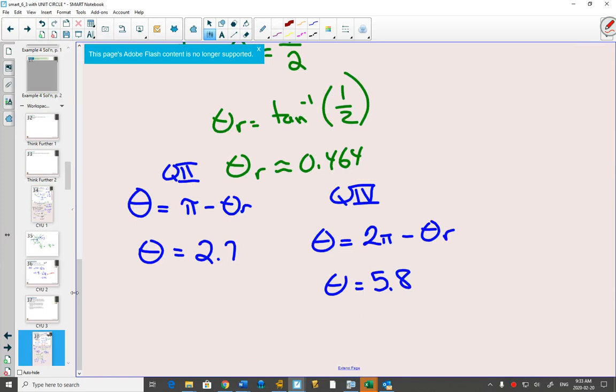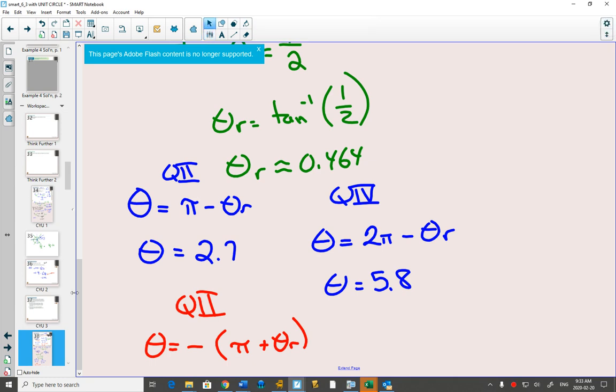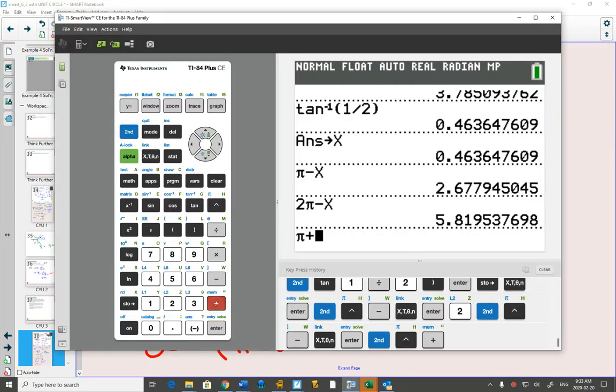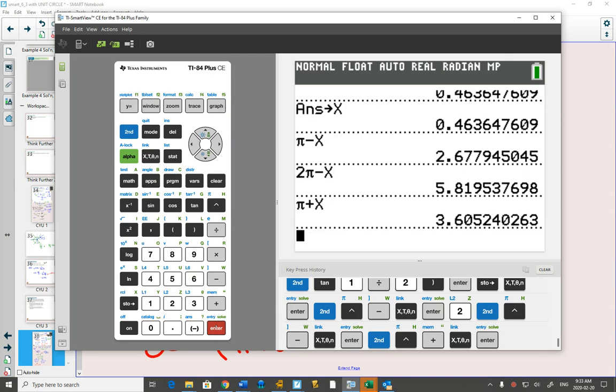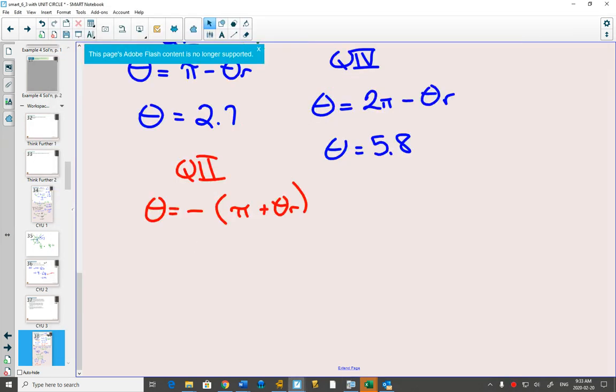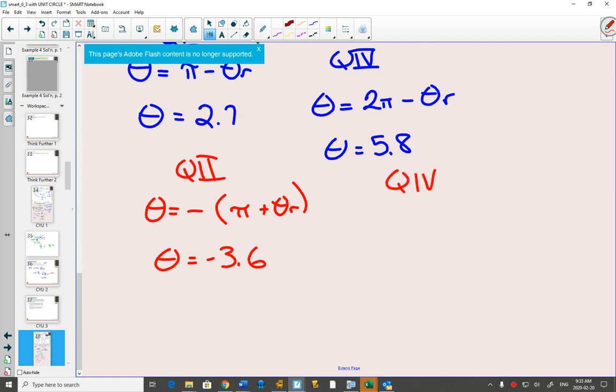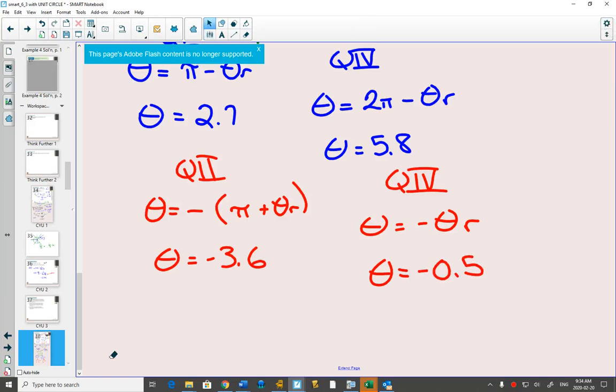So in quadrant 2, for the negative one, I would do pi plus my reference angle, and whatever answer I get, I'd make it negative. Which is 3.6. And in quadrant 4, it'll just be negative what my reference angle is. 0.46 rounded to the nearest tenth is negative 0.5.